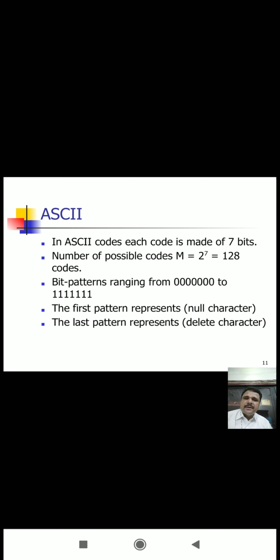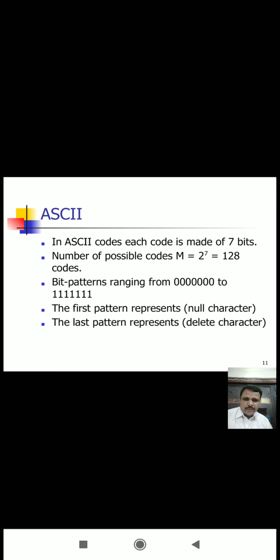The first pattern, where there are all zeros, represents the null character. What is the null character? The null character is a character whose bits are all set to 0, and it can represent the end of a string, while the last bit pattern, where all bits are set to 1, can represent a delete character.